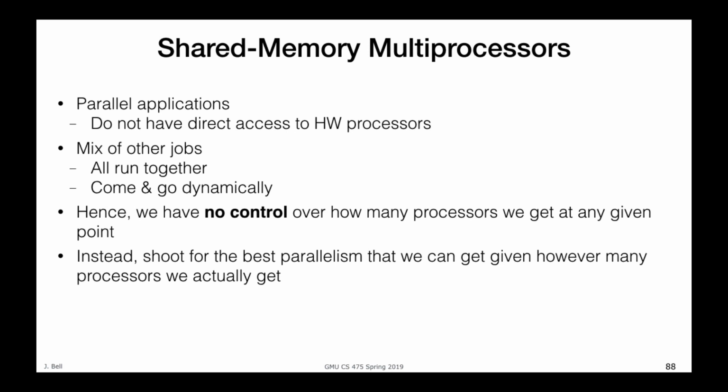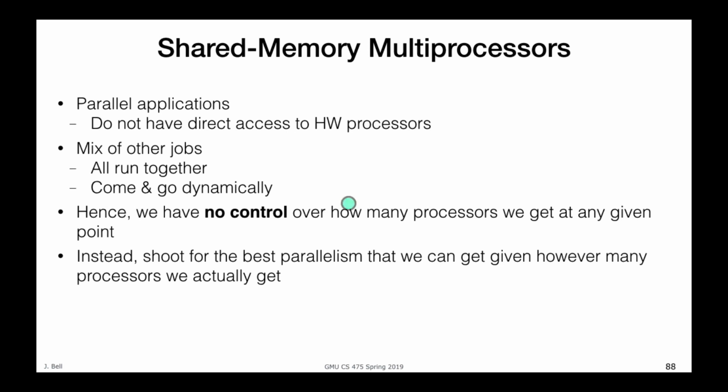And even on our own computers, if your laptop has 8 cores and you write a program that has 8 threads, you have no guarantee whatsoever in terms of how many processors your application is given at any point. The operating system is going to mix together lots of different threads from lots of different processes that come and go dynamically, and be running them on some number of processors at any given point.